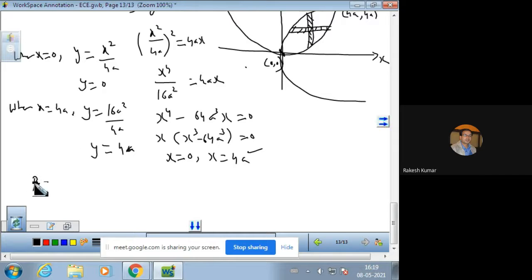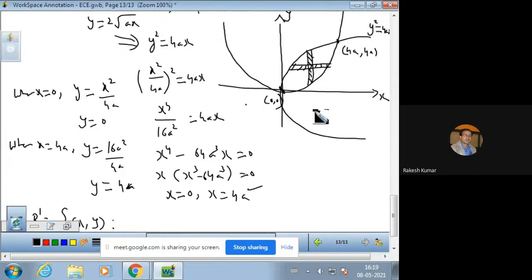The new region of integration is denoted by R dash, and the limits of x will be from left to right. Left at this curve, the value of x will be y square over 4a.